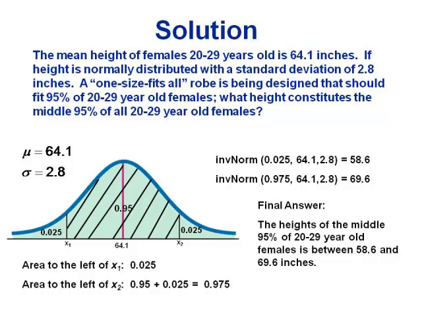So inverse norm 0.975, mean, standard deviation, gives me 69.6 for the cutoff on the right. So it looks like to make a robe tall enough to fit the middle 95%, then I would want it to fit women that were between 58.6 and 69.6 inches tall.